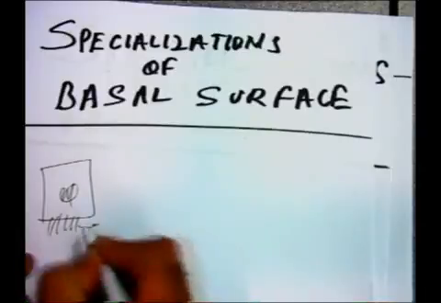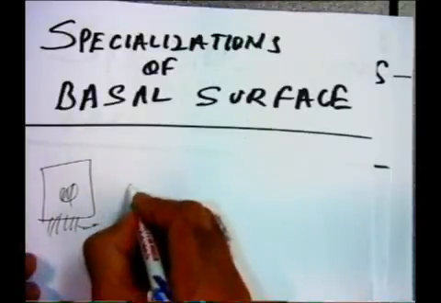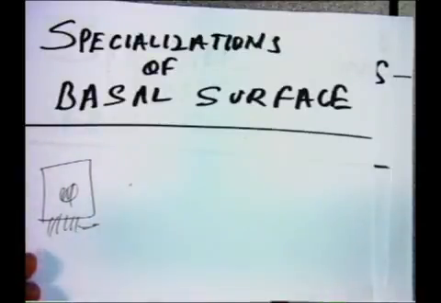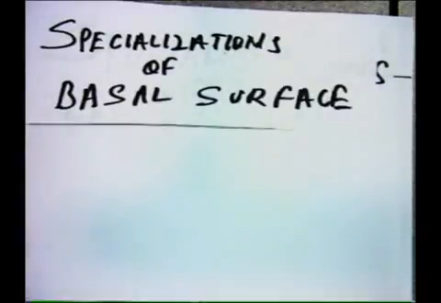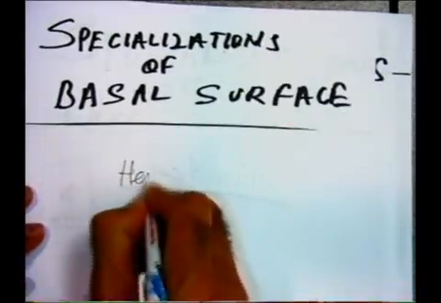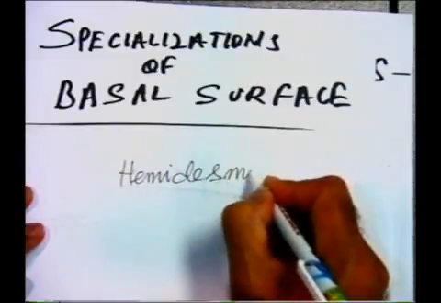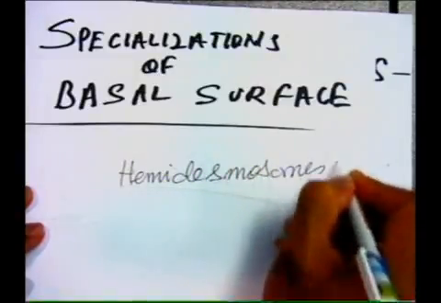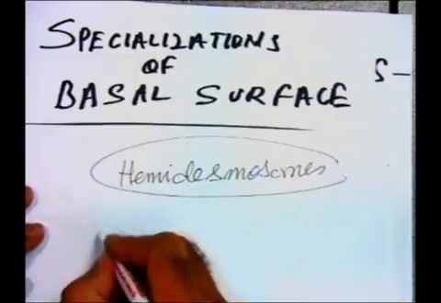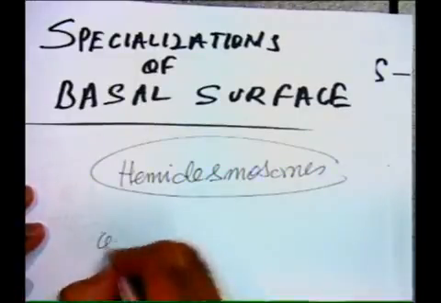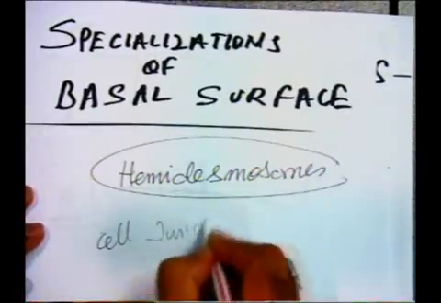The basal surface is the basal one. This is again hemidesmosomes. Write it as hemidesmosomes. They are nothing but cell junctions.